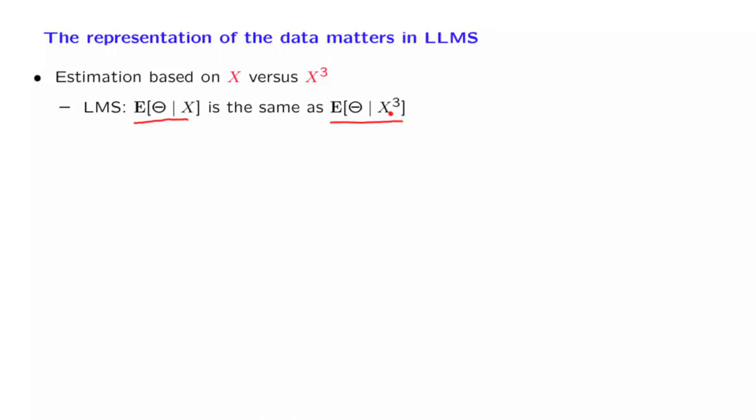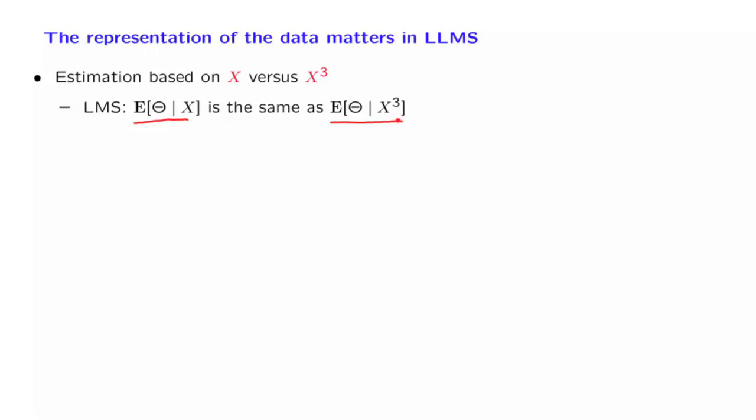In particular, the posterior distribution of theta given x is going to be the same as the posterior distribution of theta given x cubed. You will be getting the same information, the same knowledge about x. And in particular, if you calculate conditional expectations, these will also be the same.